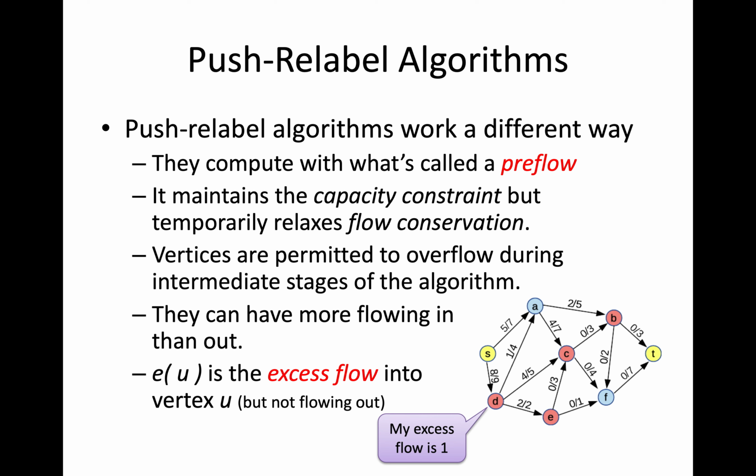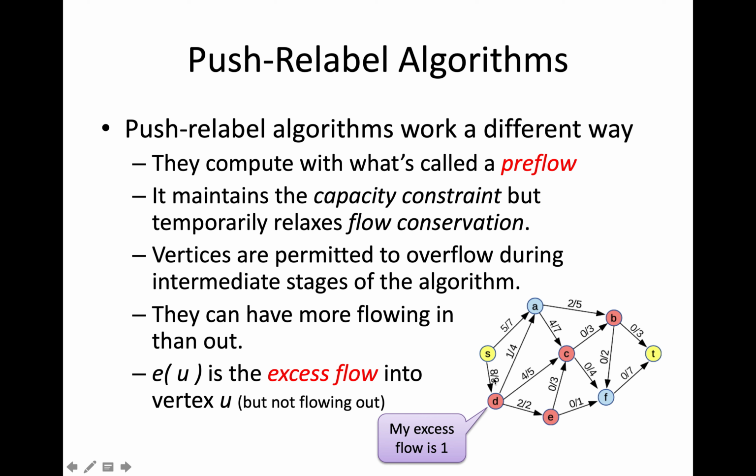And in making up this example, I tried to adhere to the capacity constraint everywhere. So you can see this edge right here has a capacity of 5, and we only have 2 flowing across it. This one has capacity of 9, and we only have 8 flowing across it. But I deliberately violated flow conservation in a few places, like this vertex D. In fact, all of the red vertices are overflowing.